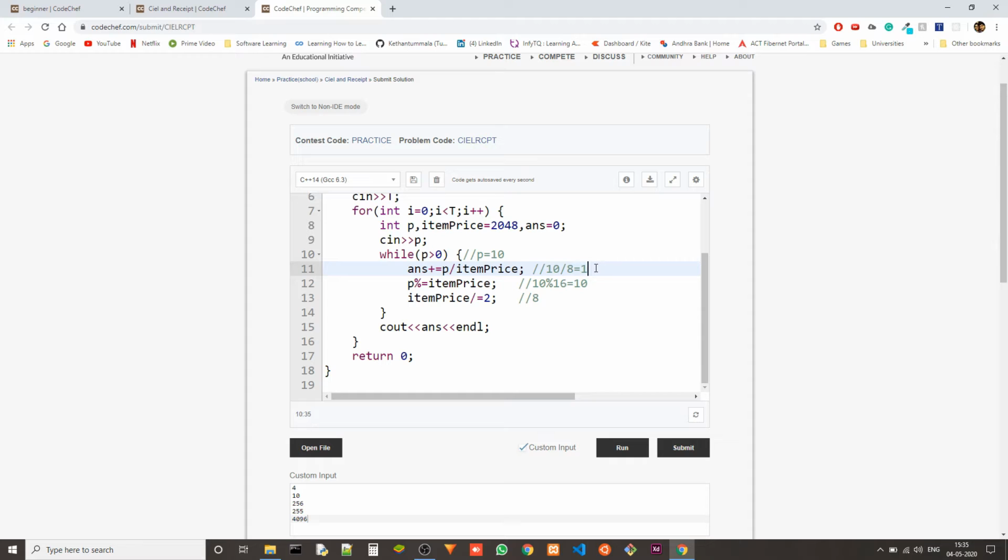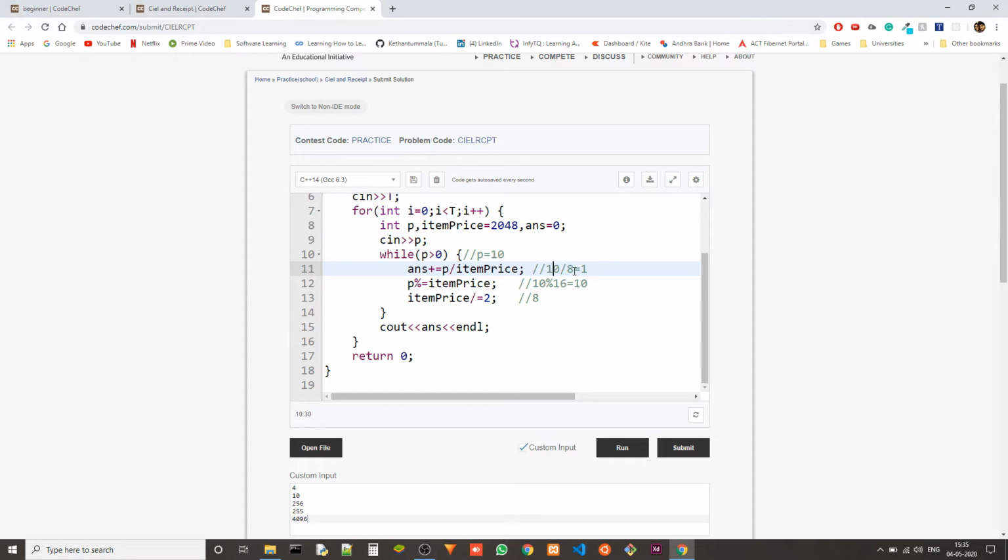Why are we adding 1? Because this operation is basically saying that we can put one quantity of this item, which has a price of 8, into our menu, so that it will fit inside the price P.